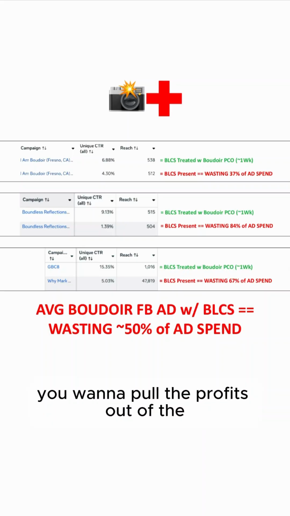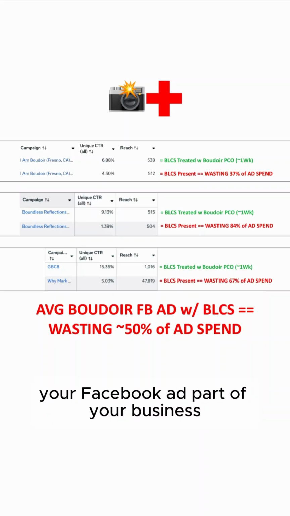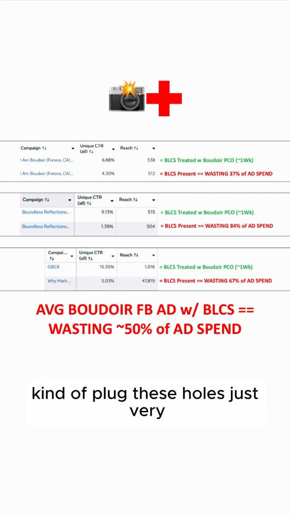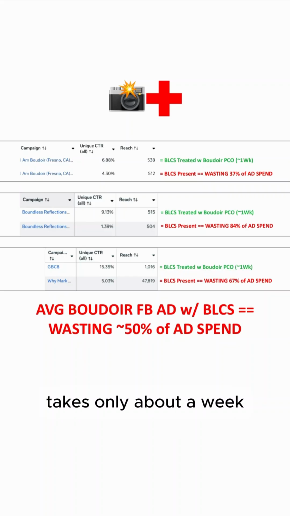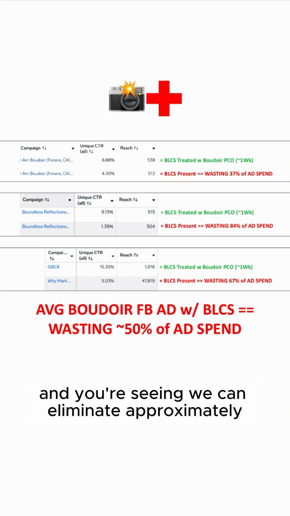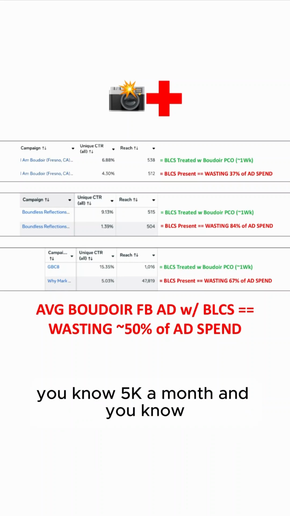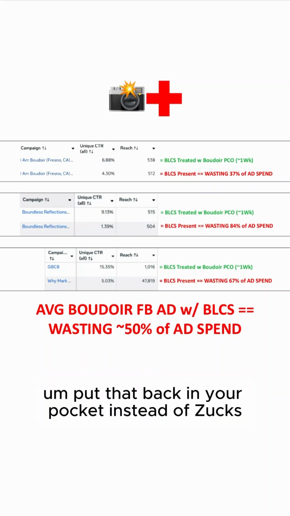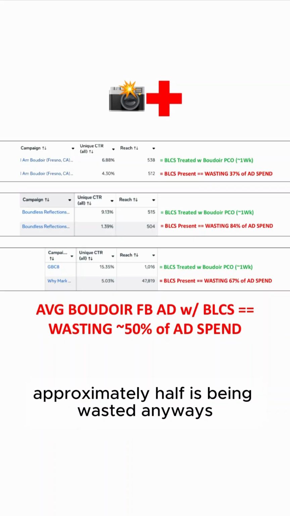You want to pull the profits out of the Facebook ad part of your business, plug these holes, which is very quick, takes only about a week. And you're seeing we can eliminate approximately 5K a month, approximately 50%, in wasted boudoir Facebook ad spend. Put that back in your pocket instead of Zuck's, because we already know approximately half is being wasted anyway right now.